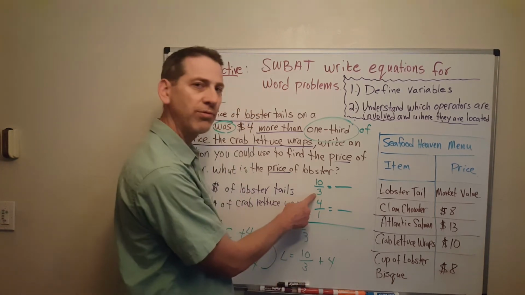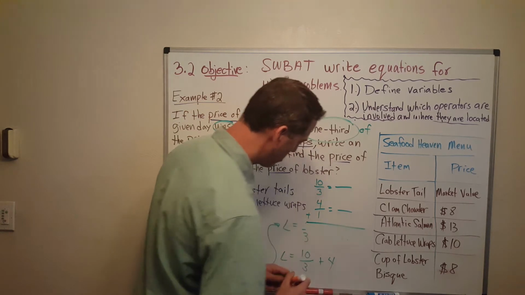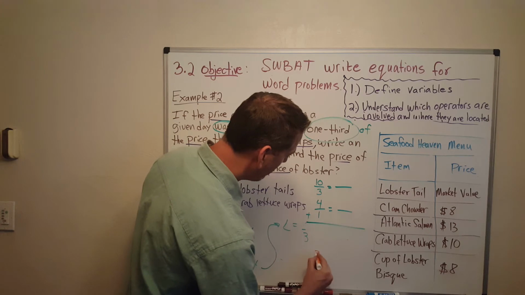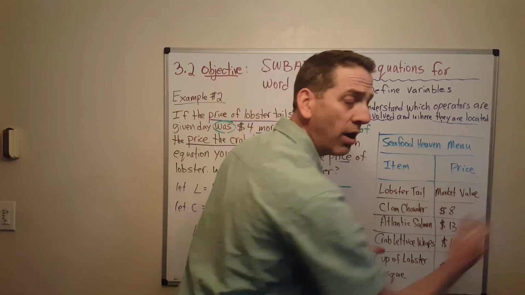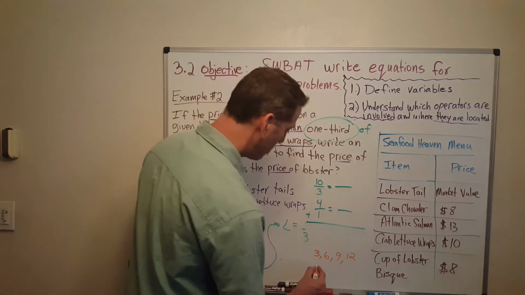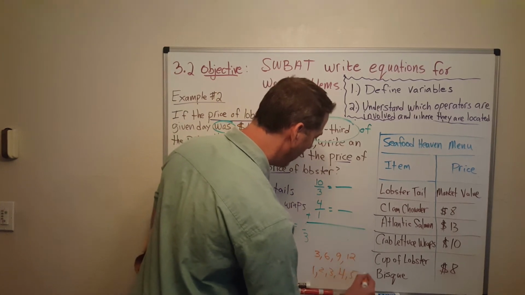Let's find the multiples of 3. The multiples of 3 are 3, 6, 9, 12, right? And you can go on and on. Okay, what are the multiples of 1? 1, 2, 3, 4, 5, and so on.